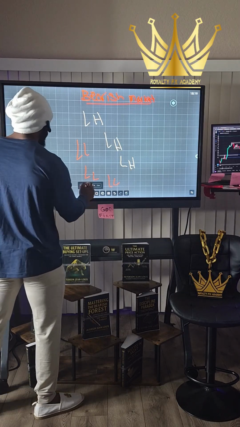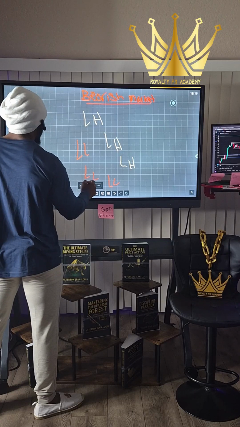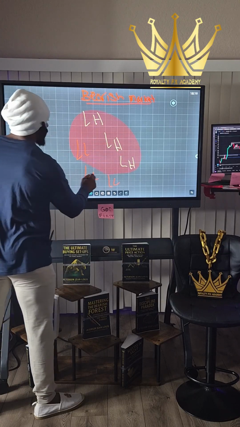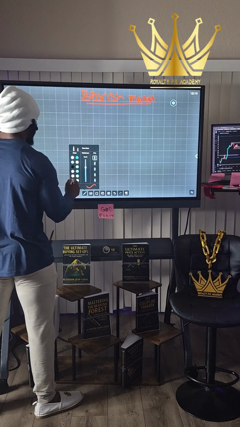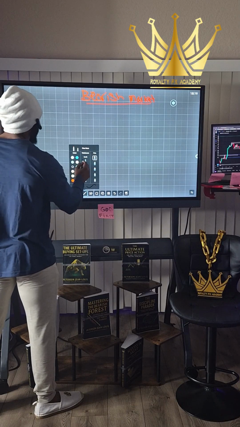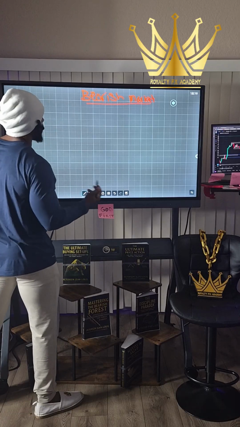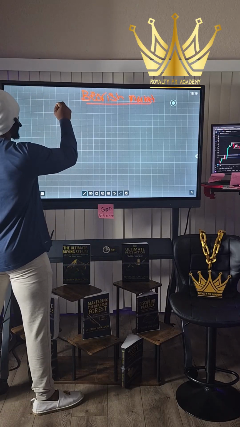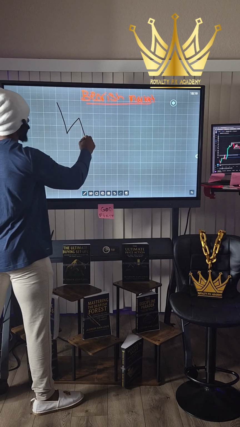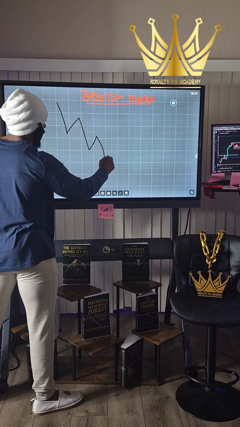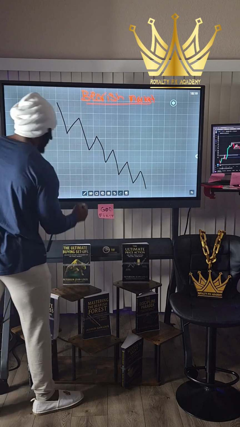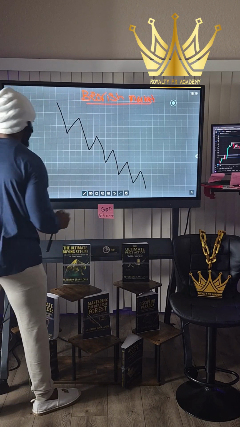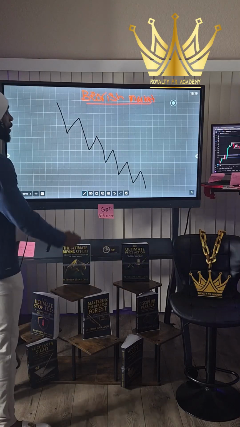So let me go ahead and draw out a downtrend. And then we're going to place in the structure itself for it, right? So this is a bearish market that's falling, that's giving you lower lows and lower highs. Now, this is a downtrend market.